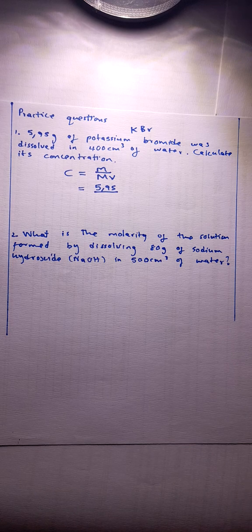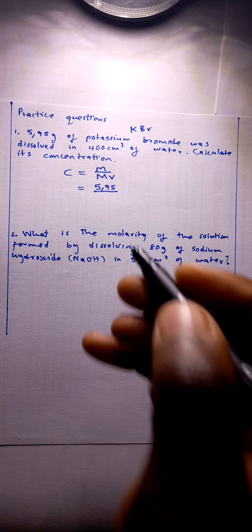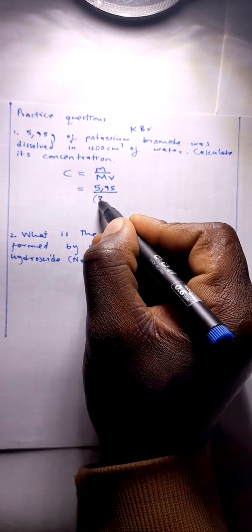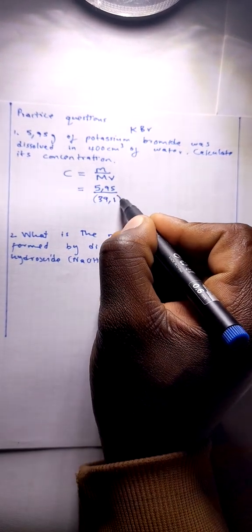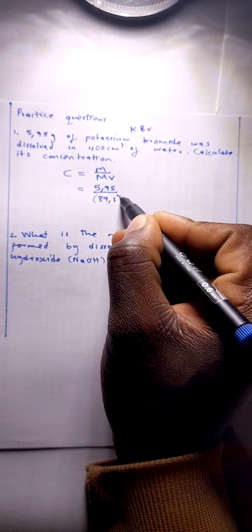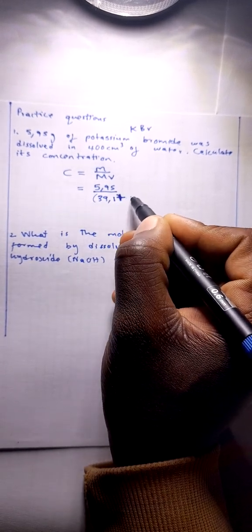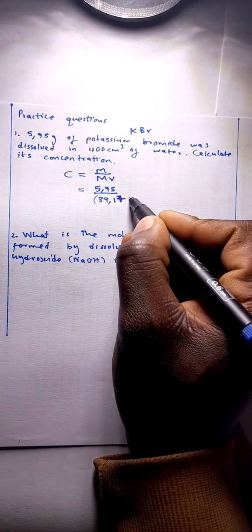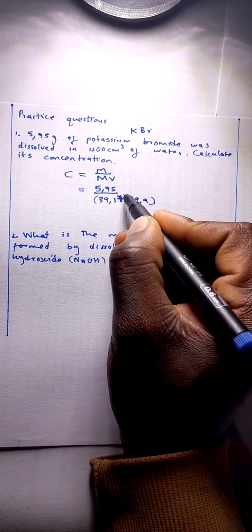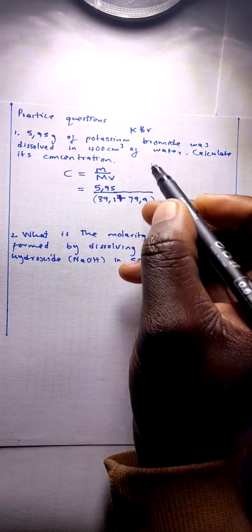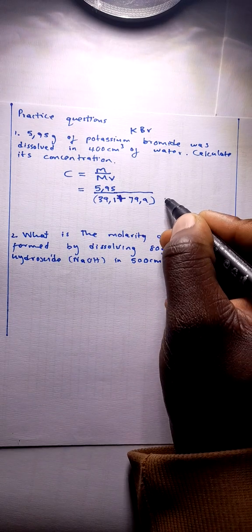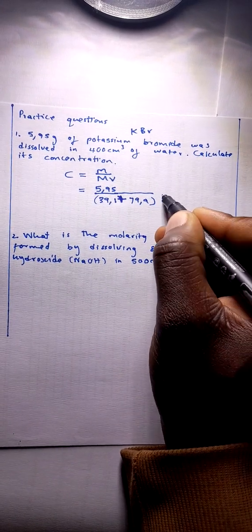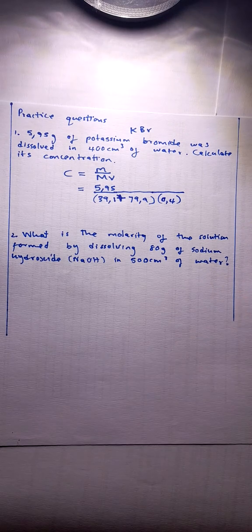I find that the potassium is going to be 39.1. Man, I forgot to add here. It must be plus here, sorry. Plus bromide, which is 79.9. Multiply by the volume, which is 0.4. Do you agree? Because we're going to divide 400 by 1,000. So that's what we have there.